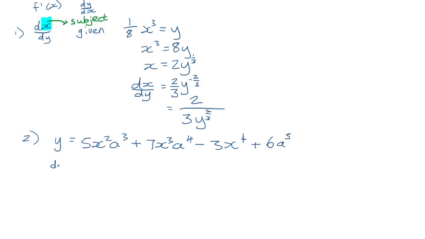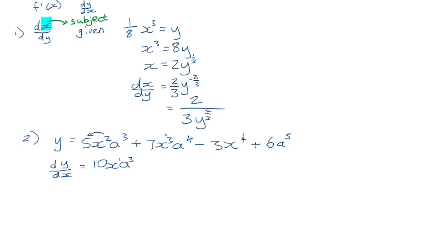They say dy dx. Okay, so that's normal. y must be the subject with respect to x. So it's only the x's themselves that are getting derived. So it's the times the power of x by the coefficient and drop the power of x by 1. And because the a to the power of 3 is attached to it, it stays as is attached to it.